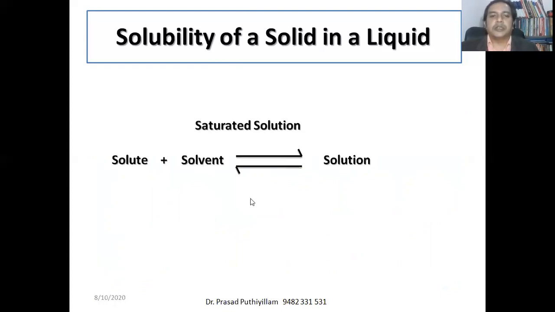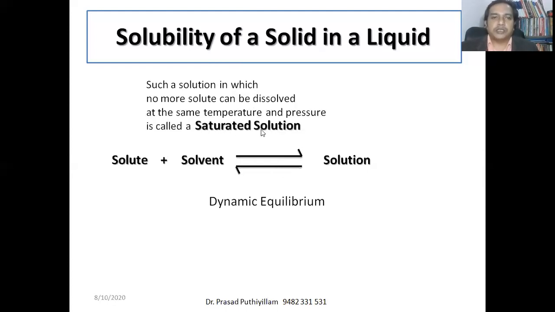Therefore they exist in dynamic equilibrium. This equilibrium can be shifted to the right hand side or to the left hand side by applying an external force. This dynamic equilibrium is what we see in Le Chatelier's principle. Such a solution in which no more solute can be dissolved, where additional solute will crystallize out or precipitate, is what we saw.